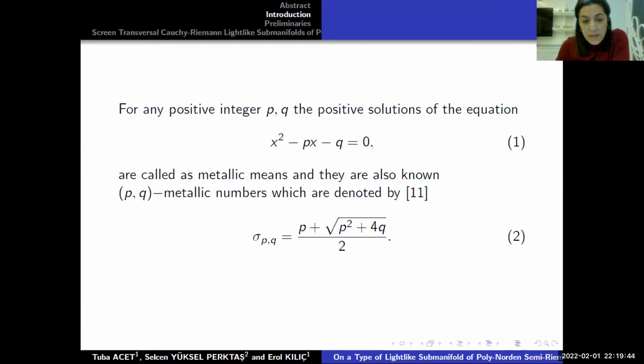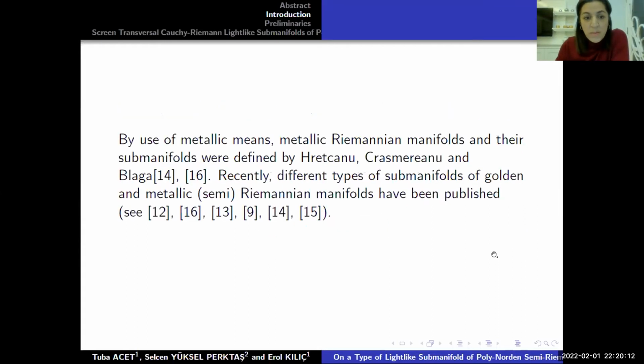Let me remind some basic notations about metallic means and bronze mean. For any positive integers p and q, the positive solutions of the equation given by 1 are called metallic means, and they are also known as (p,q) metallic numbers, and they are denoted by sigma p,q and given by equation 2.